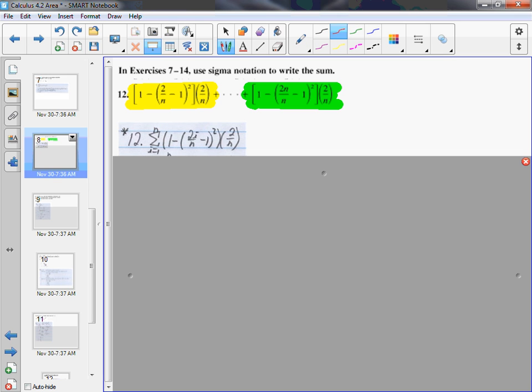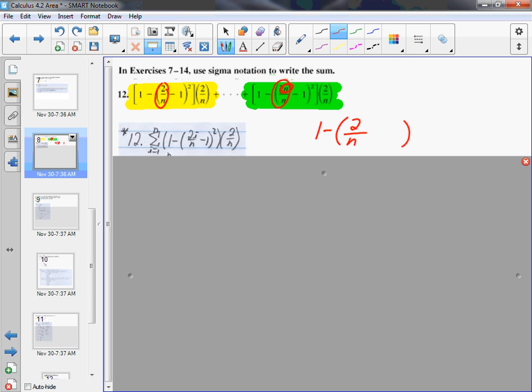Okay? So what do our terms look like? Well, they've got a 1 in them. Then they've got a negative sign. Then they've got a big old parentheses with stuff in there. Now that and that are a little different. In sigma notation, the only thing that changes is the I, isn't it? So there must be an I going on there. Look, the 2 stayed the same, the N stayed the same, but that N showed up.